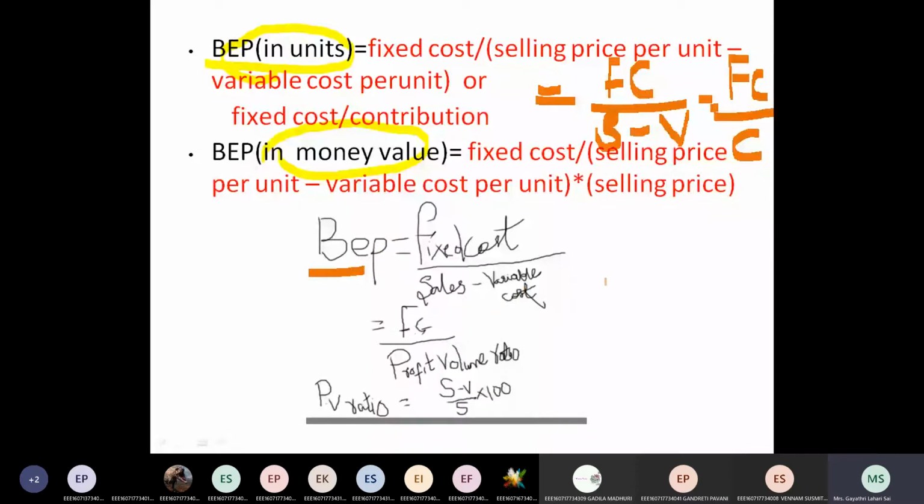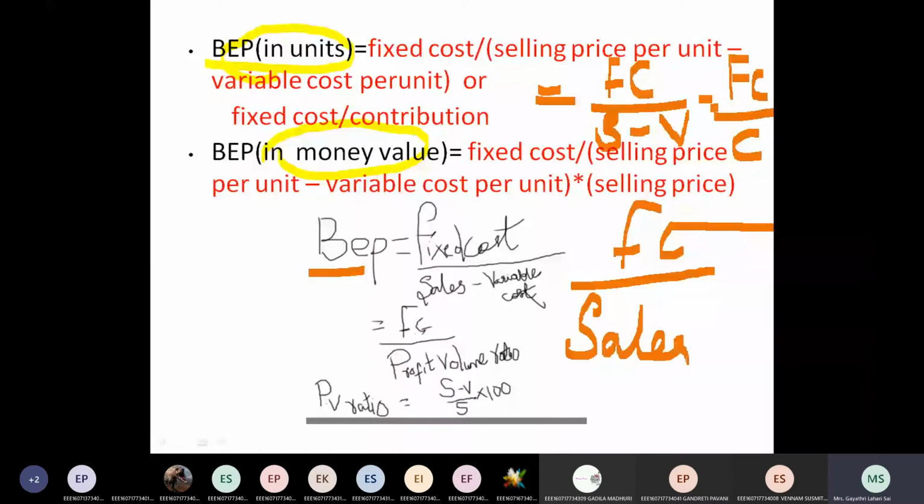Since you're talking in terms of money value, in the denominator you will get sales minus variable cost. If you substitute in any of the formulae, you will get the same answer.